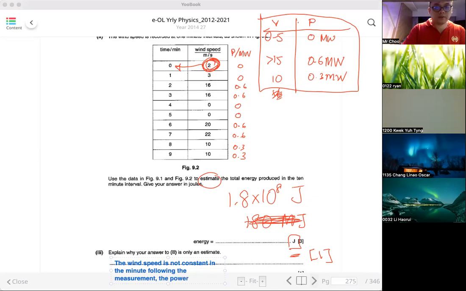So the power output would not be constant, so affecting the amount of energy produced.